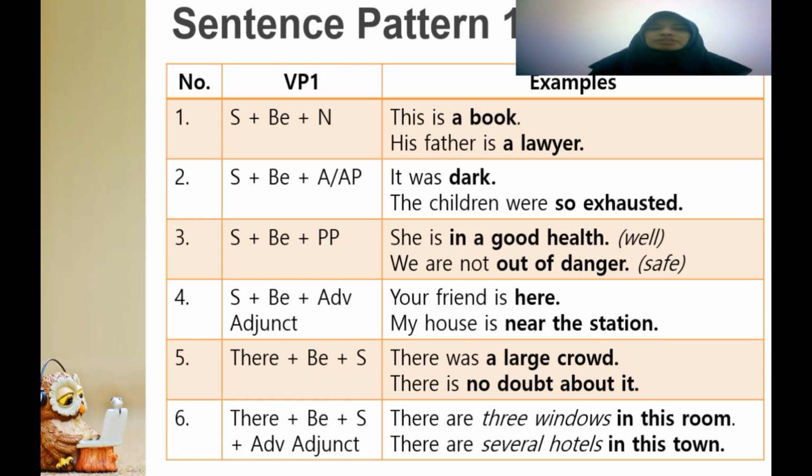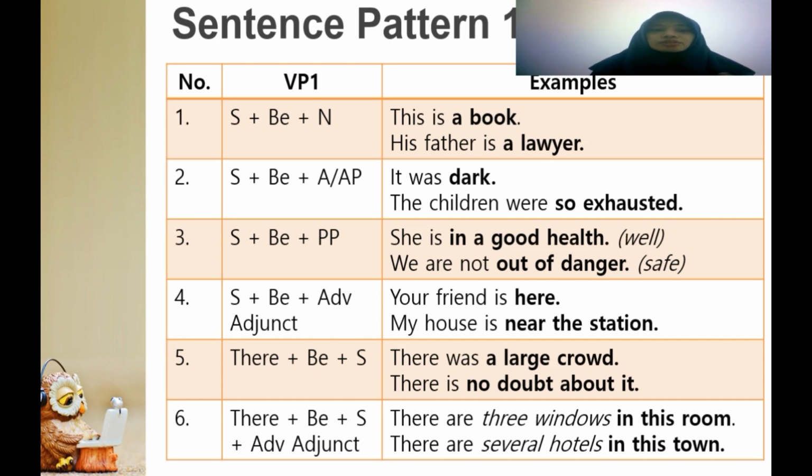So the arrangement becomes there and then verb and then subject. So in this sentence, a large crowd and no doubt about it are the subjects, and was and is are the be verbs, while there here is like the prepositional phrase showing the location of something.